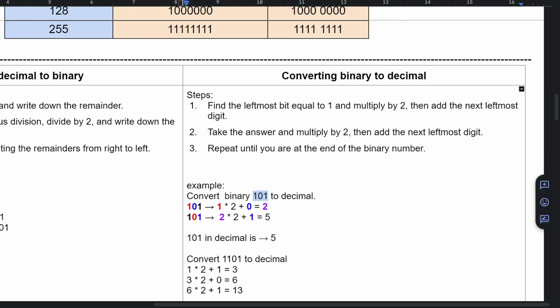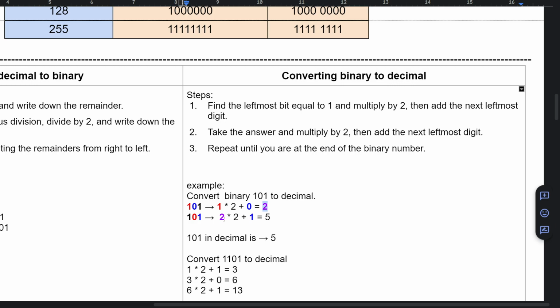So here we have 101, which we know to be the number 5 from our example earlier. We are going to take this leftmost 1, multiply it by 2 and add the next digit. All right, so it's going to be 1 times 2 plus 0, and that's going to give us 2.